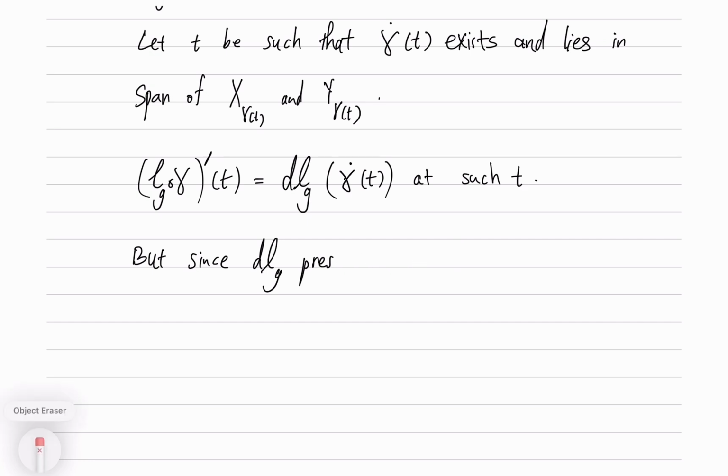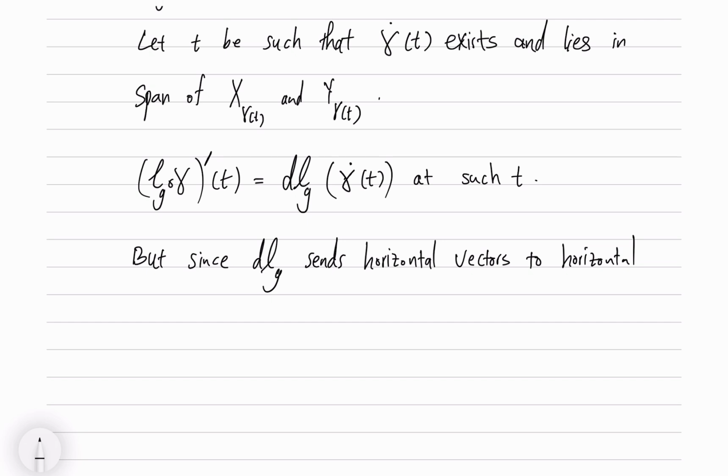Okay, let's do this. So L_G sends horizontal vectors to horizontal vectors. This is from the previous lecture, where we saw that X and Y are invariant under left translations.